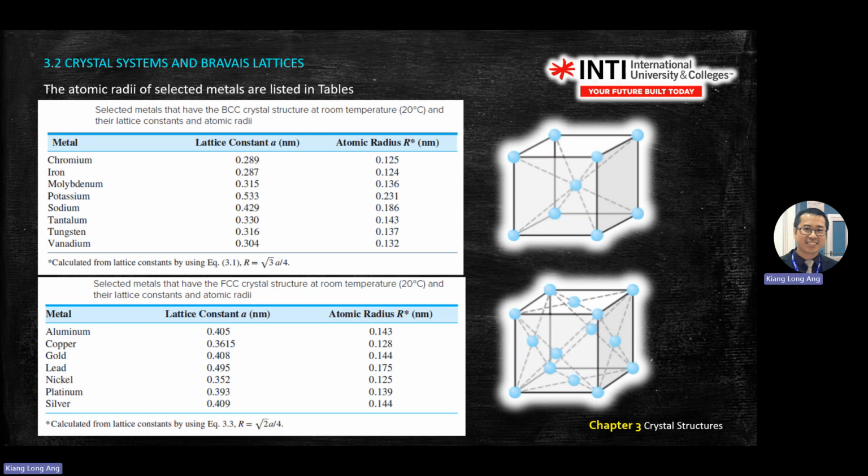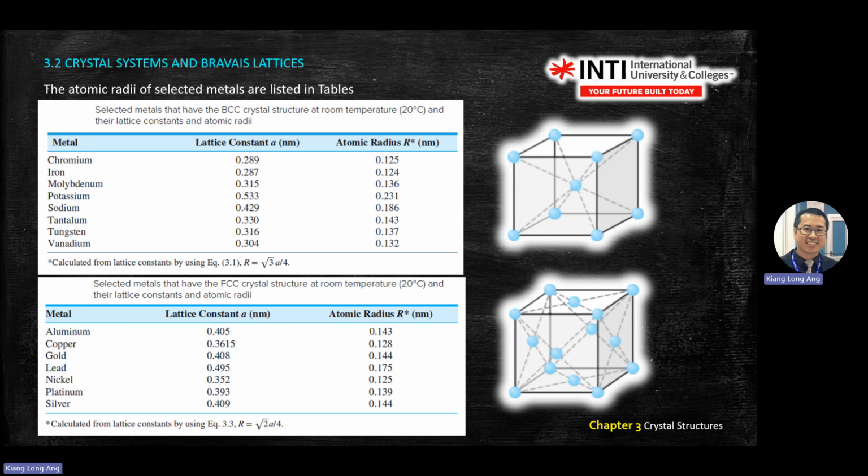You substitute chromium, R is 0.125. Substitute inside here, press your calculator, you get A equal to 0.299. Refer to appendix.